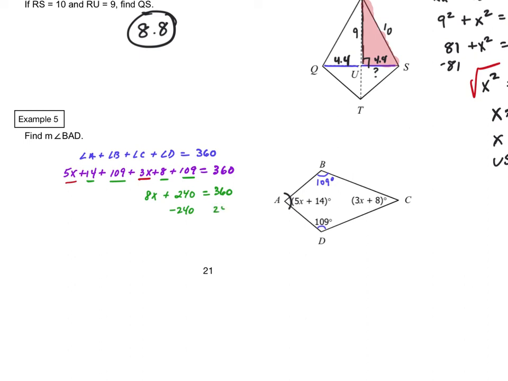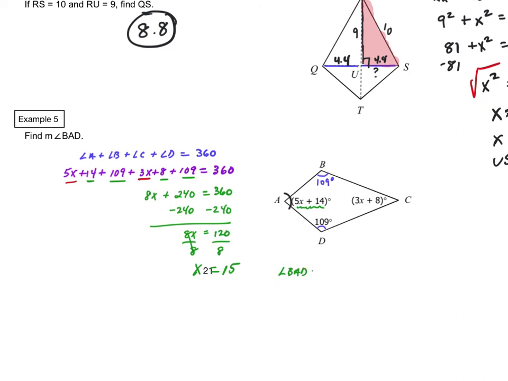Subtract 240 from both sides, and I end up with 120 is equal to 8x. Divide both sides by 8, and x is going to be equal to, I hope, 15. That would work for us. So now if x is equal to 15, I need to plug 15 into angle BAD.